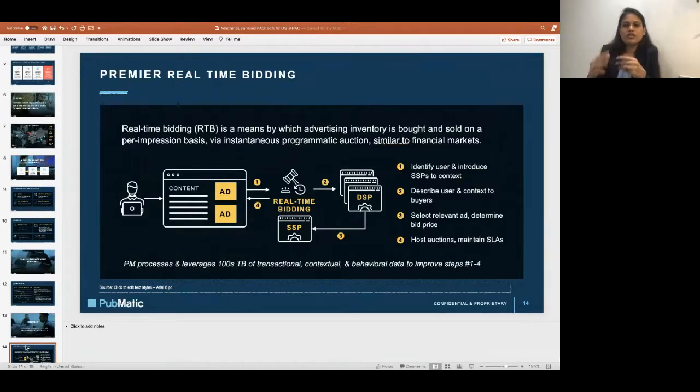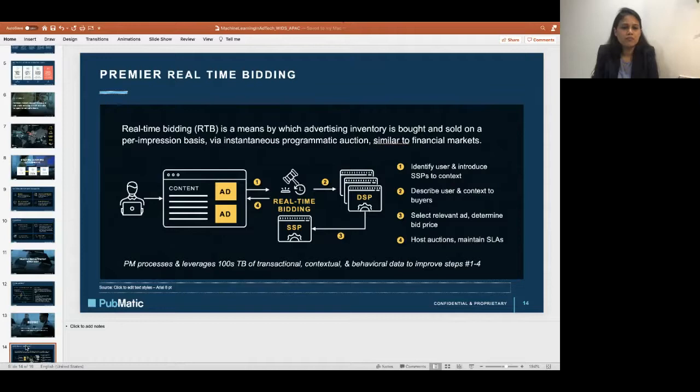If the DSPs are interested to serve an ad, they will select a relevant ad and determine its bid price. Now PubMatic, being an SSP, hosts auctions and maintains the SLAs in order to provide a proper experience to the user. In all the 4 steps, we use terabytes of transactional, contextual, and behavioral data in order to improve them.